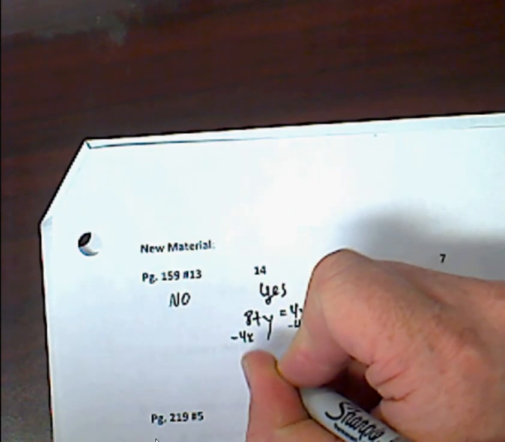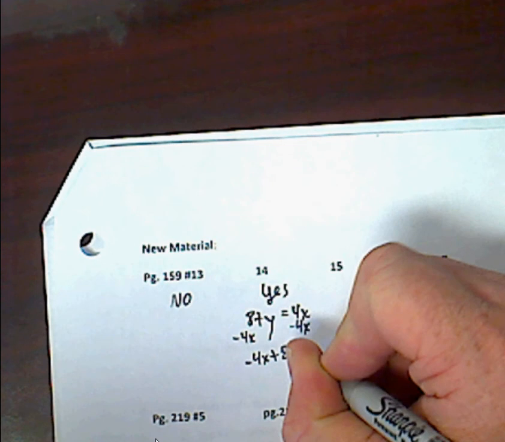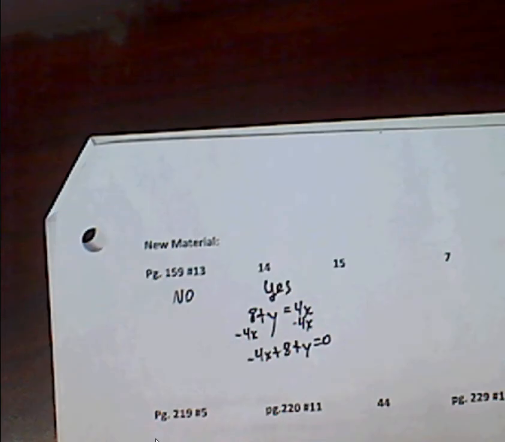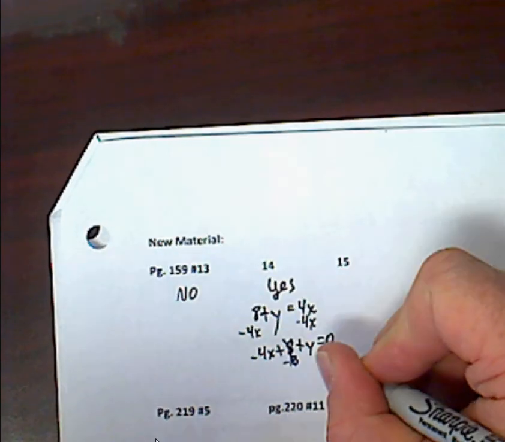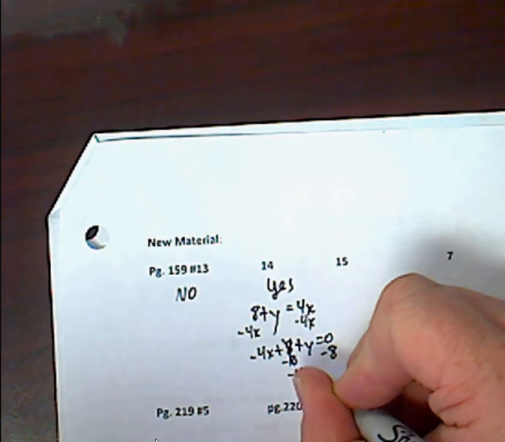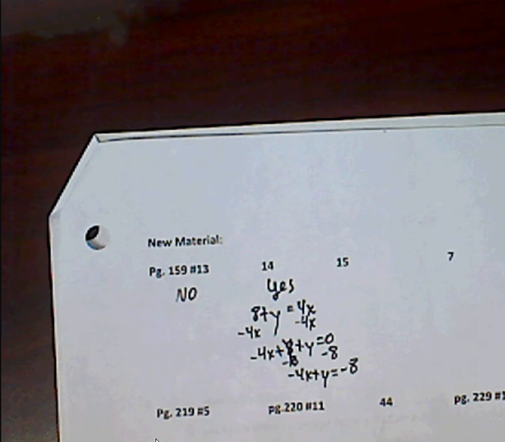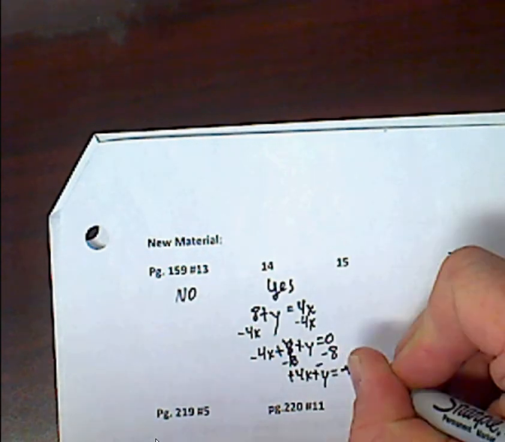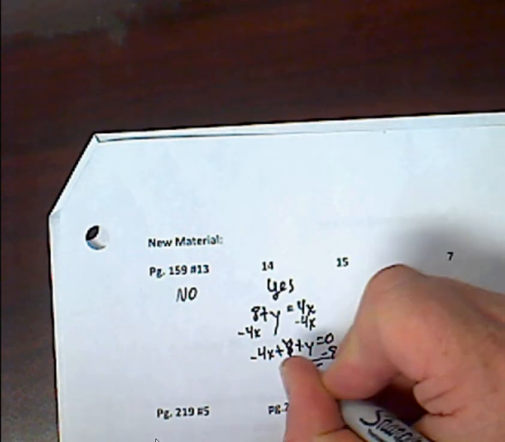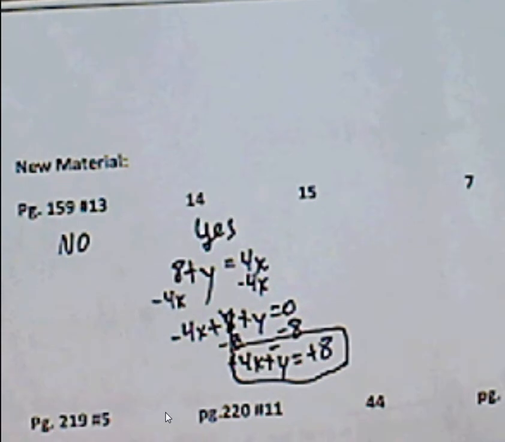So that gives me negative 4x plus 8 plus y equals 0. And then I'm going to bring my 8 over. So that would be negative 4x plus y equals negative 8. I just need to change my signs, and that would be standard form. So that would be yes.